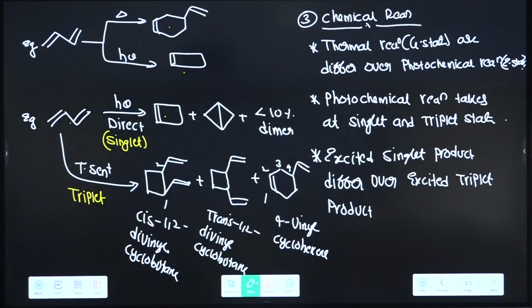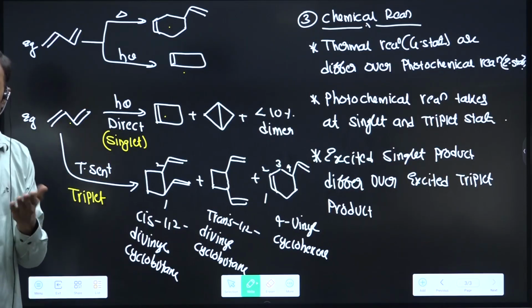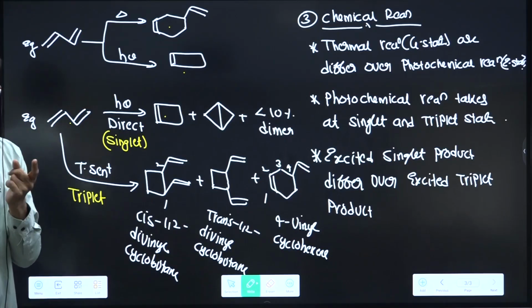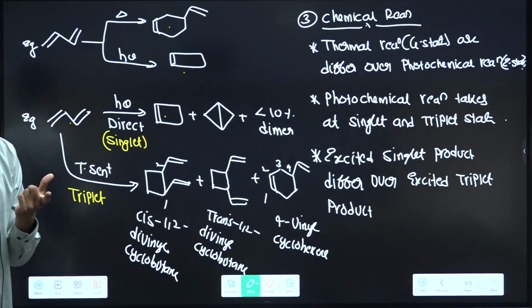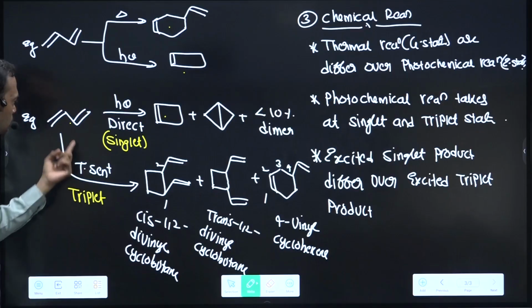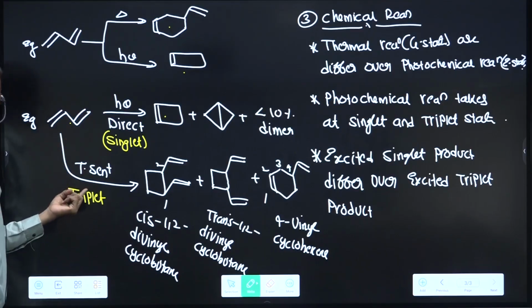So finally what I would like to say is, generating triplet state you will get a different answer, generating singlet state also a different answer. Suppose any molecule is unable to generate triplet state, don't think it is not possible. We can generate that molecule's triplet state by using a triplet sensitizer.